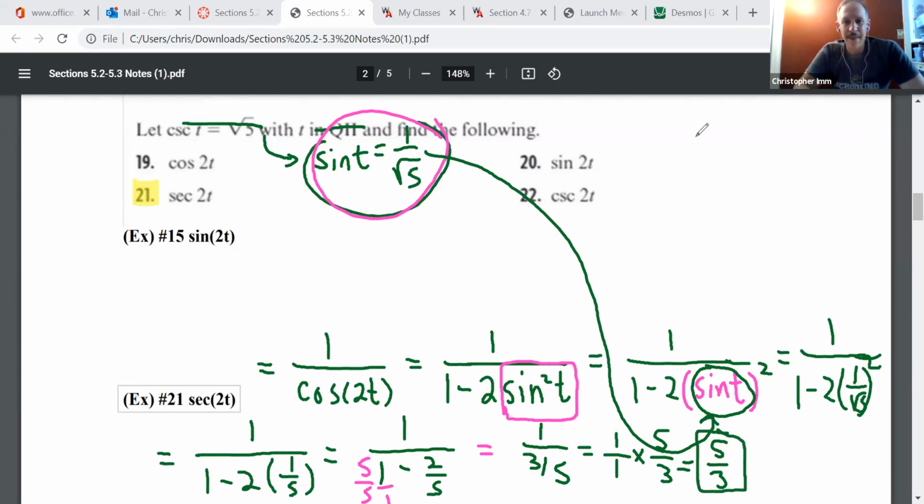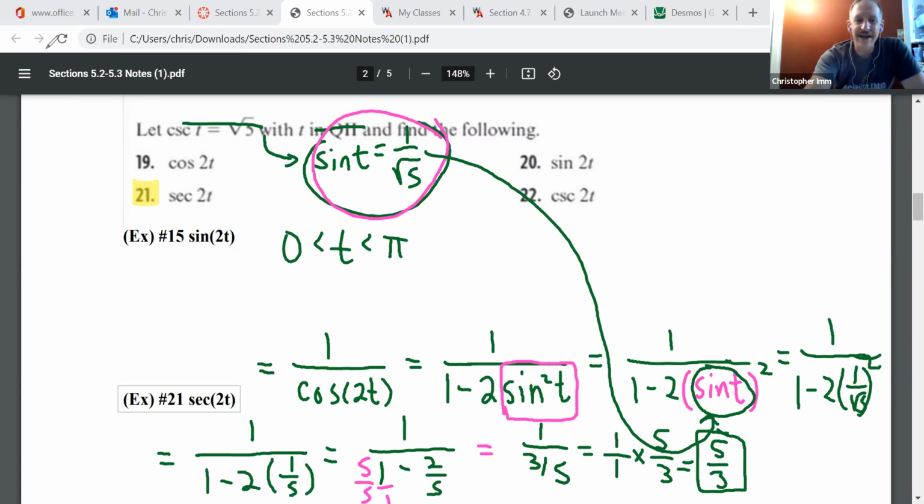Look good, everybody? Are there questions? Let's see if we can figure out where 2t is then. We were given that t was in quadrant 2, so t was somewhere between 0 and pi radians.